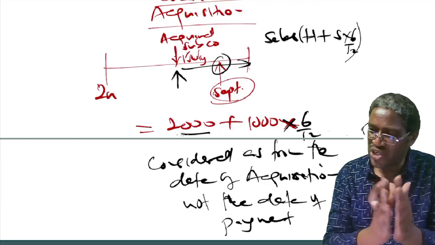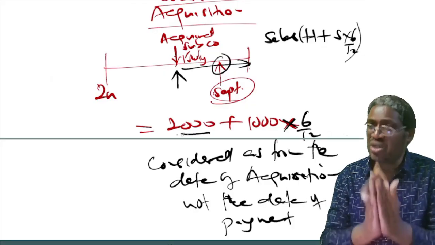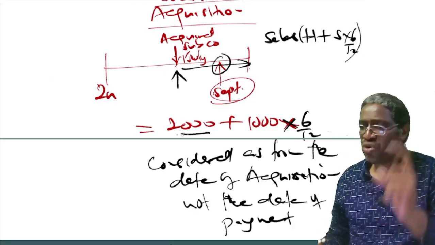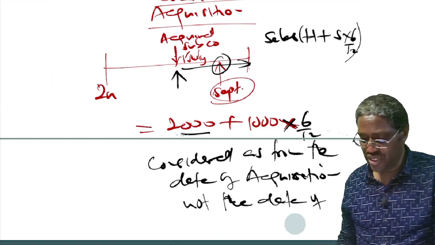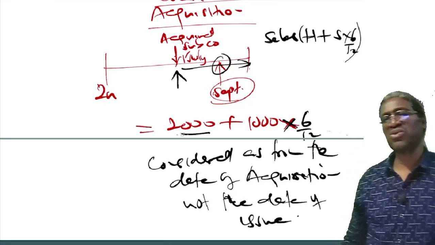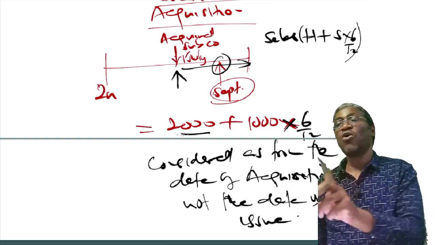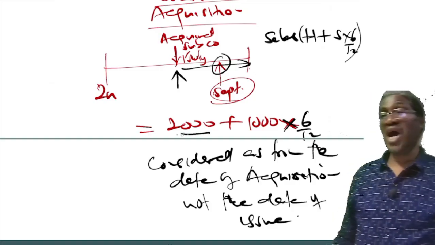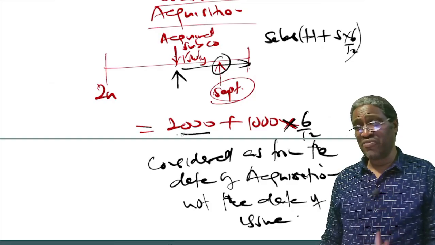So those shares issued as a payment of the purchase consideration in a business acquisition are considered as from the date of acquisition and not the date of the issue. Though you issued the shares in September, we consider them from the date of acquisition, like in this case, from July. Good. I think I've summarized everything now.